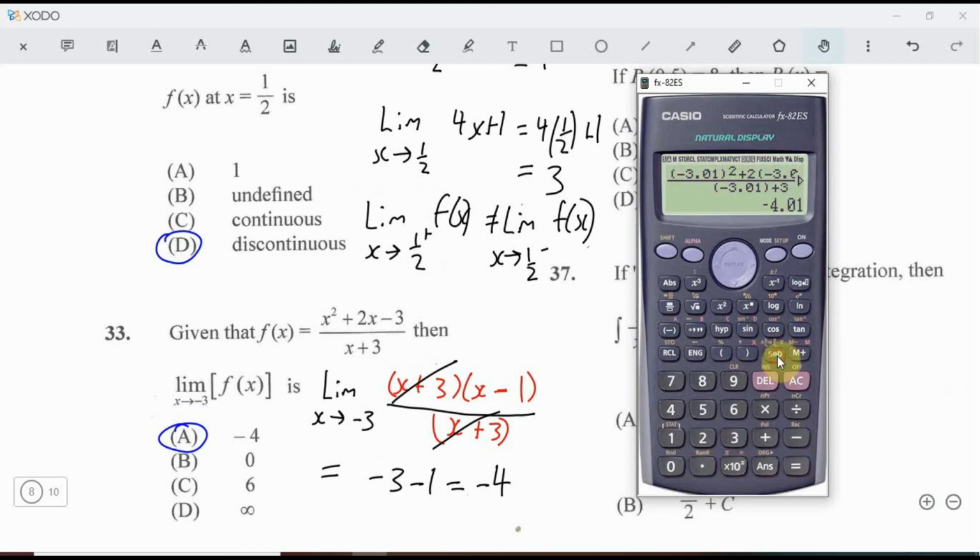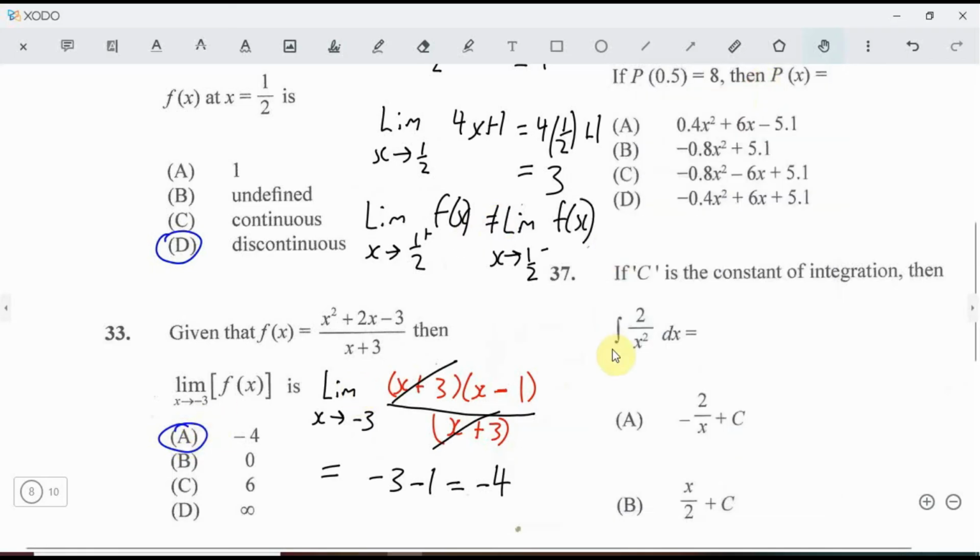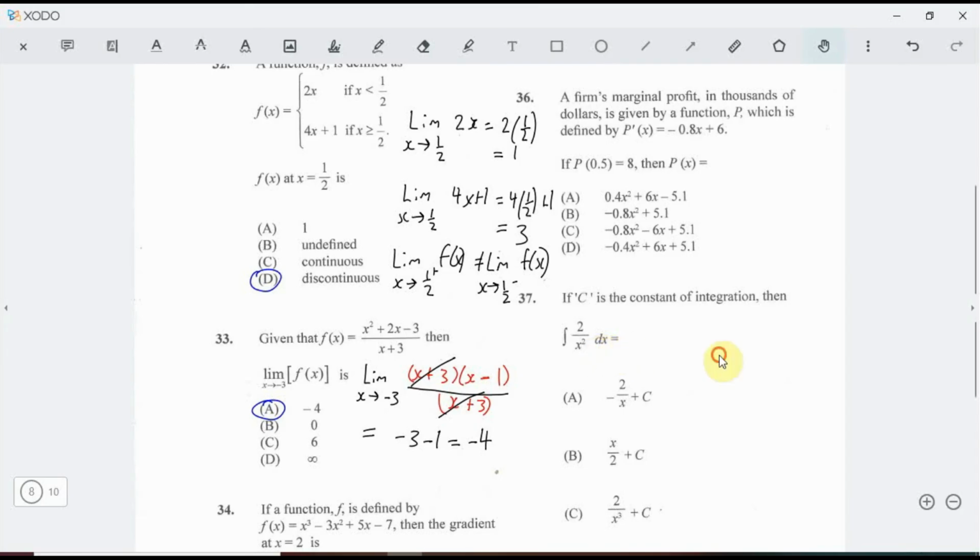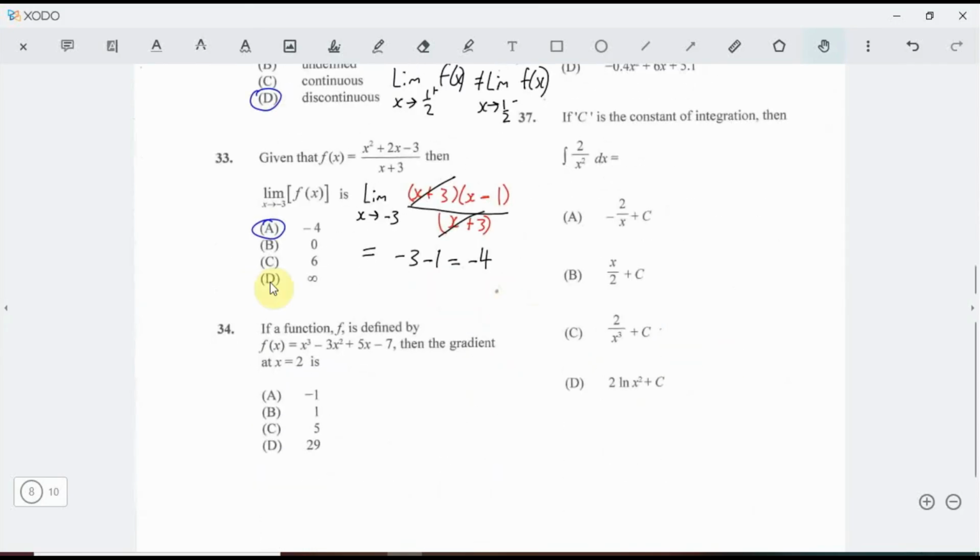You're going to get roughly negative 4. So you get a number very close to the answer, which is negative 4. That's another way to do limits if you can't bother to do all of that work.